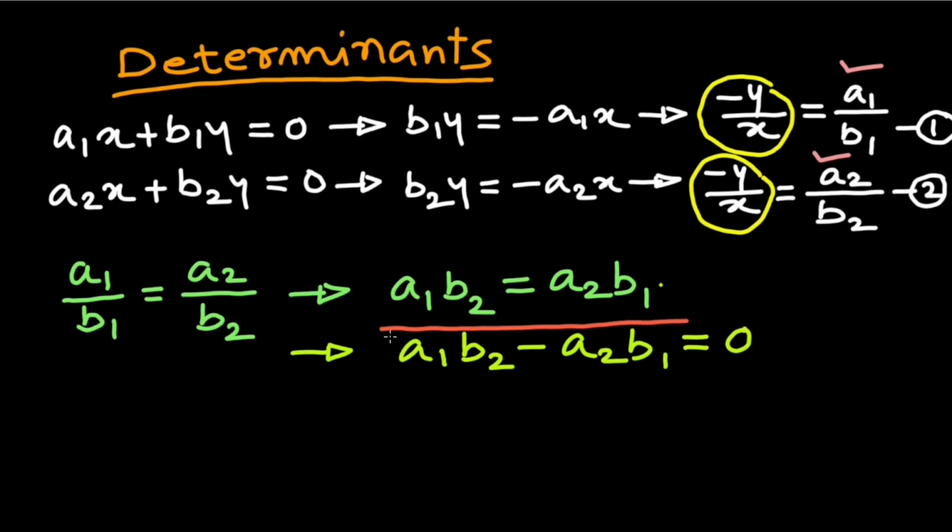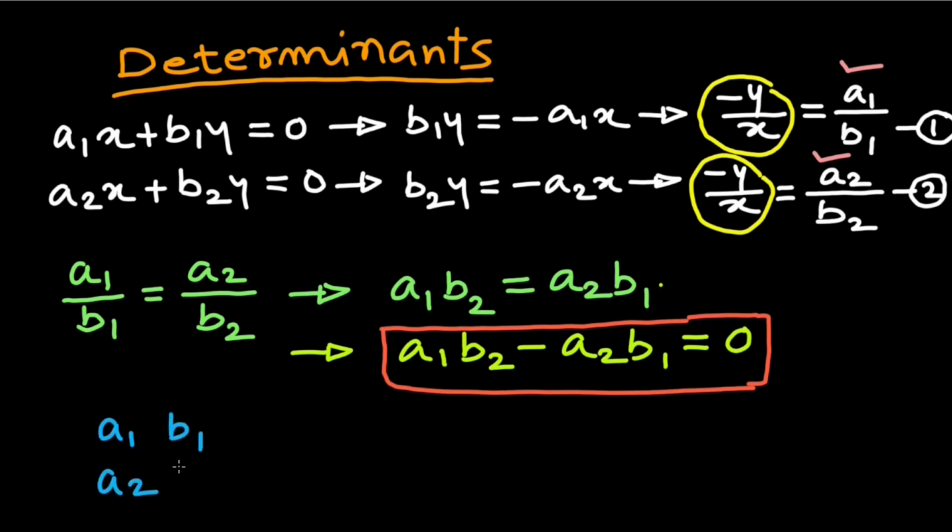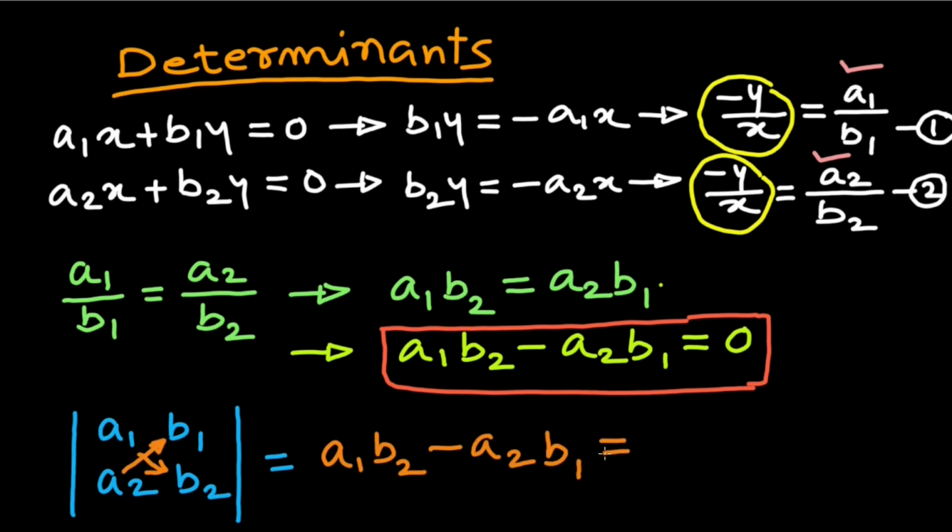Now this form of equation can be written conveniently in the form of two rows a1 b1 and a2 b2 and two columns between two vertical lines, which can be simplified as cross multiplication of a1 b2 minus cross multiplication of a2 b1 equals 0.